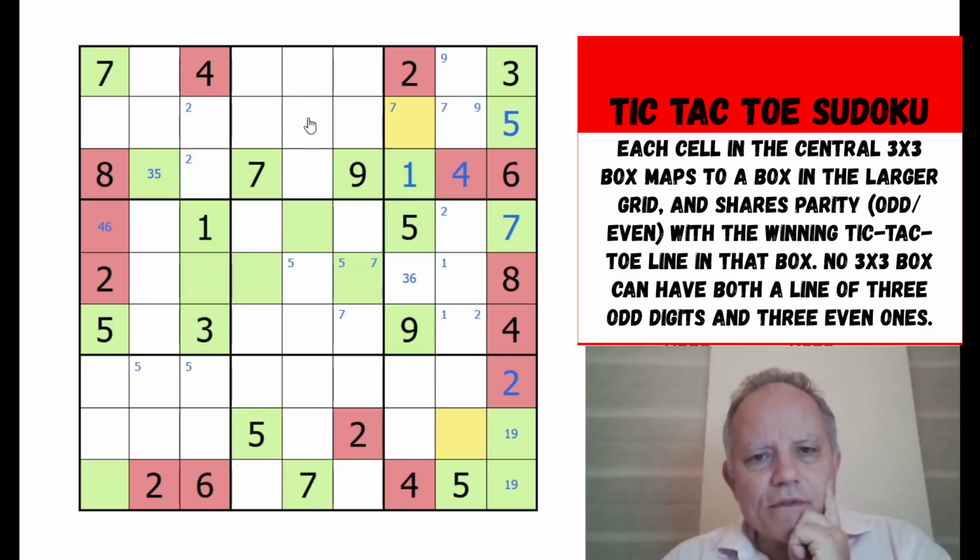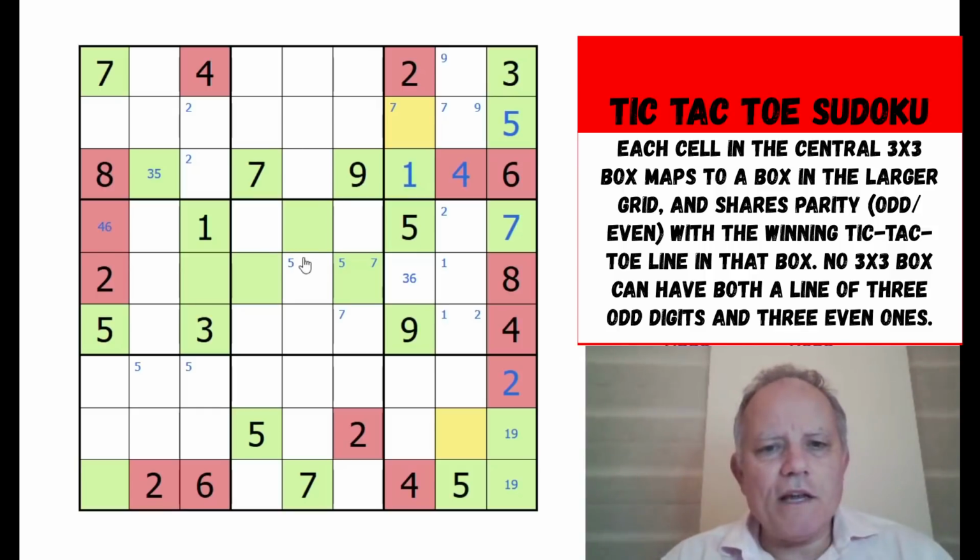So we established even can't win this. I mean, we've got 3 odds placed in the central box. So some of the boxes must be won by even. Wherever that happens, the central cell must be even for an even win.